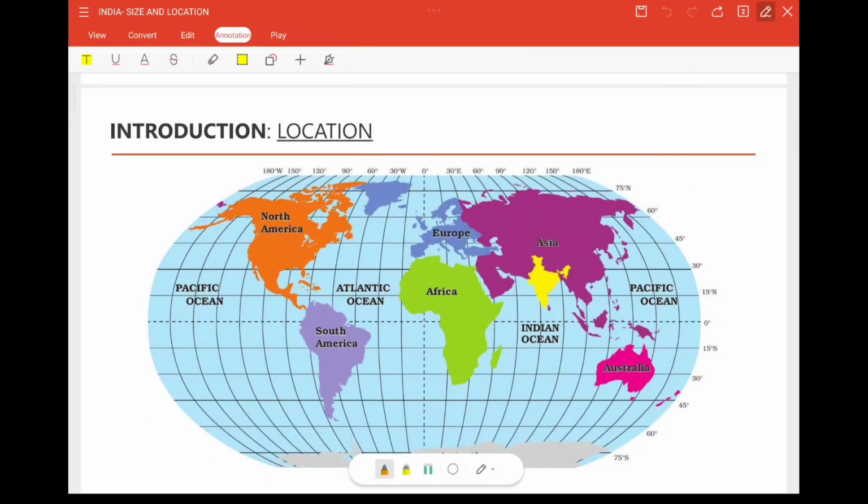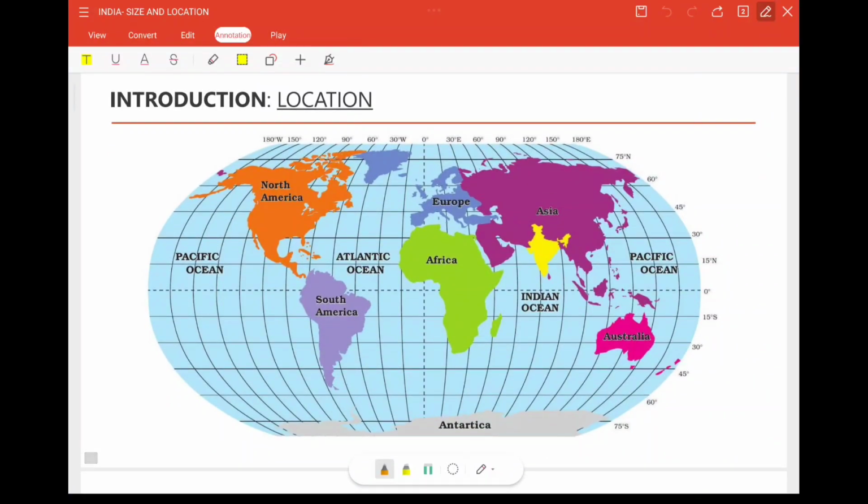To understand the location of India on the globe, we have to understand two very important imaginary lines which are located on the globe. The first is the prime meridian line, which is the 0 degree longitude line, and the second one is the equator, which is 0 degree latitude, also known as the longest latitude of the globe.